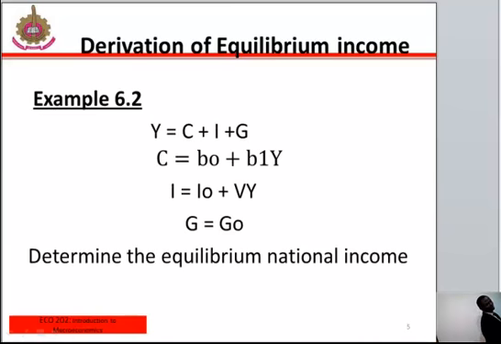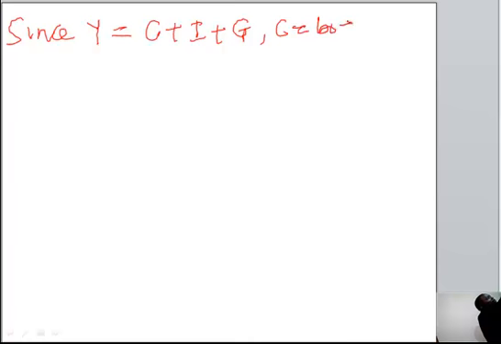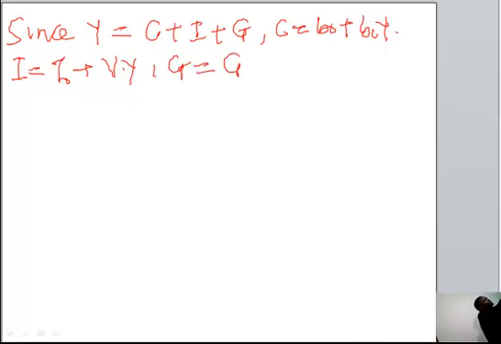Since Y is equal to C plus I plus G, then our C, in this case, is B0 plus B1Y, and our I, which is the investment, has been changed to I naught plus VY. So now G is equal to G naught.